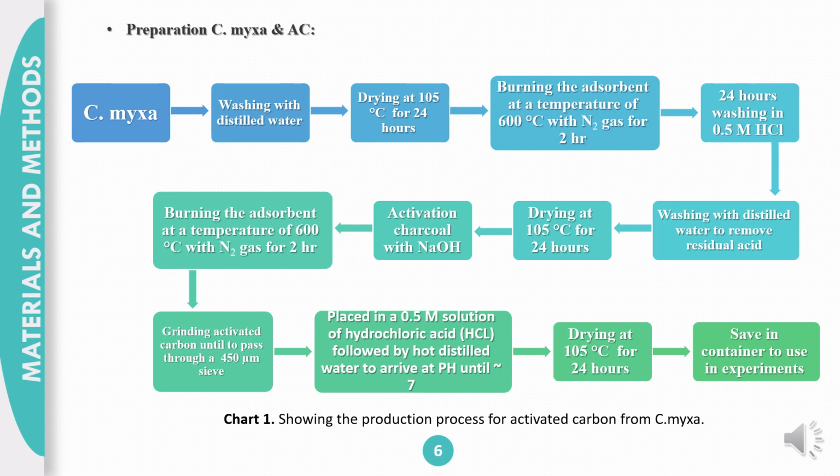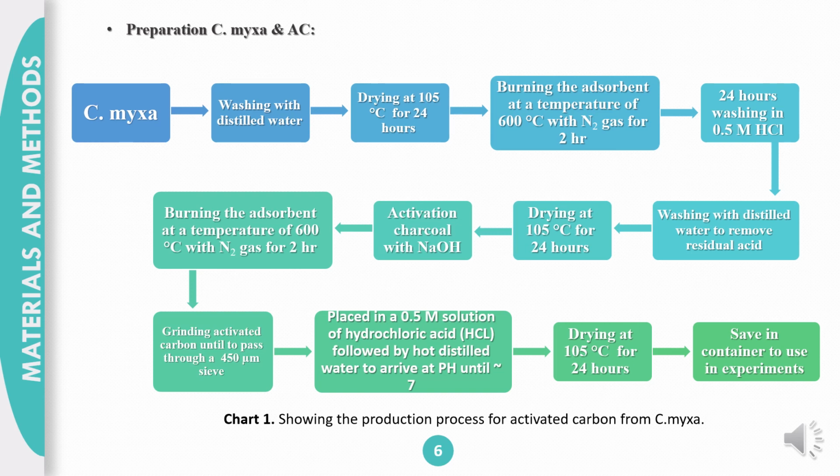then activating the carbon with NaOH, then bearing the adsorbent at a temperature of 600 Celsius with nitrogen gas for 2 hours, then grinding the activated carbon until it passes through a 450 micrometer sieve, then placing it in 0.5 molar hydrochloric acid followed by hot distilled water until pH 7, then drying at 105 Celsius for 24 hours.